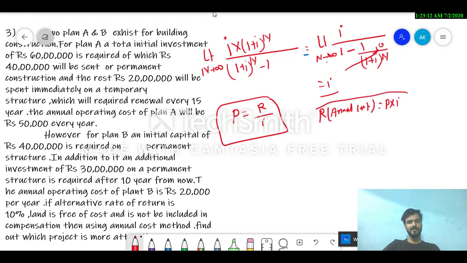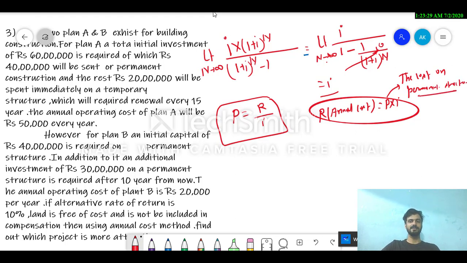So if there is any permanent structure, P will be the cost on the permanent structure. That is what you have to remember and understand. There is a total investment of 60 lakhs, in which 40 lakhs rupees they are going to invest on the permanent structure.